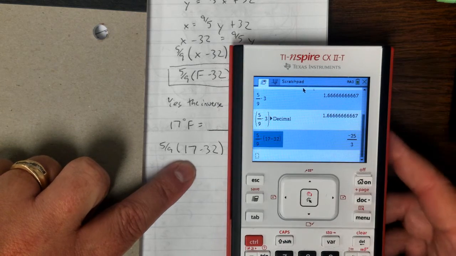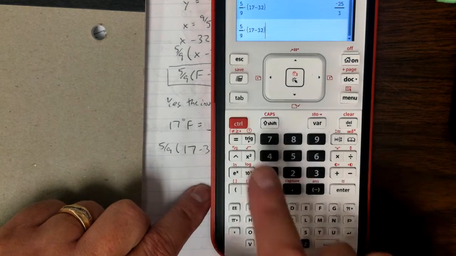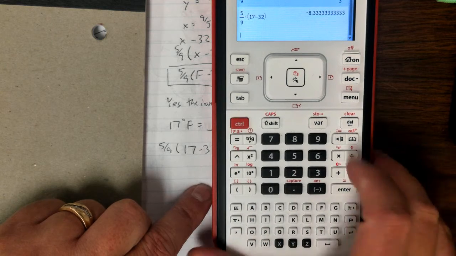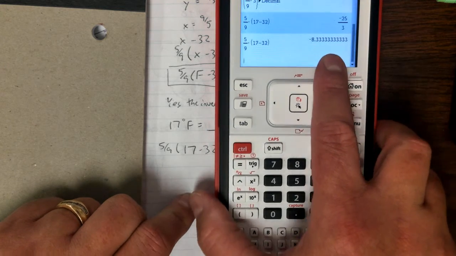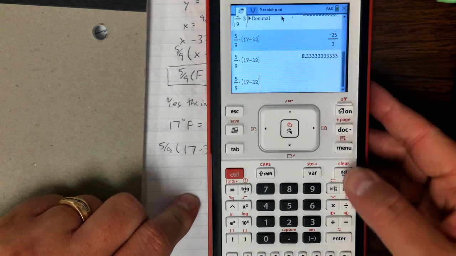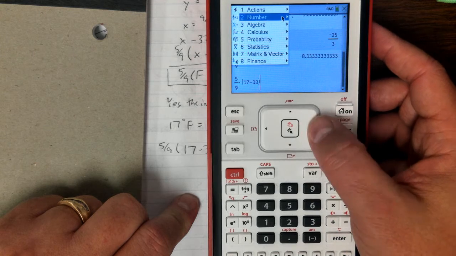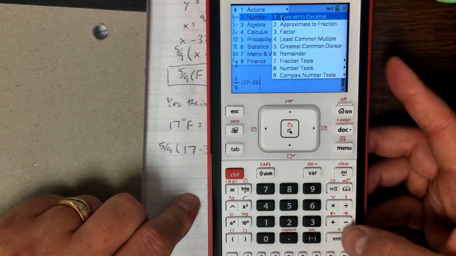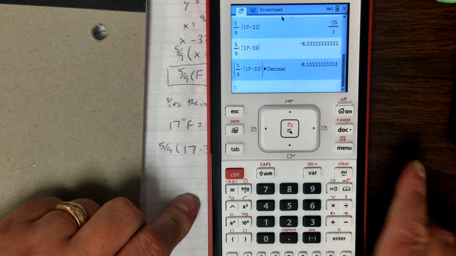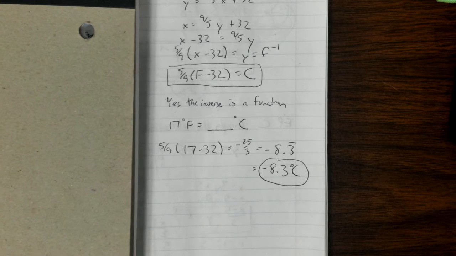So you can do this, have it, and then you can press Control Enter to make it a decimal, and then you round. If you forgot that, you can go to here and then say, what was it again? Go to Menu, go to Number, and convert to decimal. And so it gives you the same thing. So there's your -8.3 degrees.